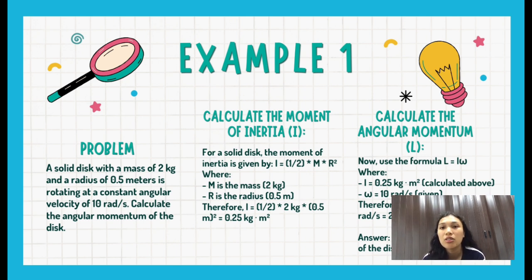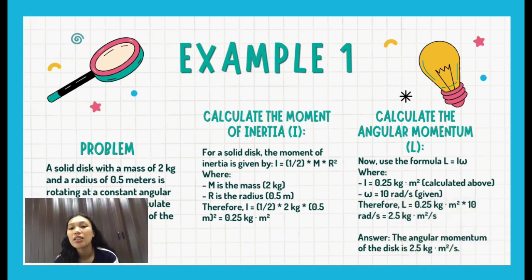So, first atong kaon yang mass na 2 kg. Ato lang din na siyang tungaon, so mayon siya og 1/2. Dayon, radius 0.5 meter. So, ato lang dayon na silang i-time. So, therefore, ang iyang inertia is 0.25 kg meter squared.